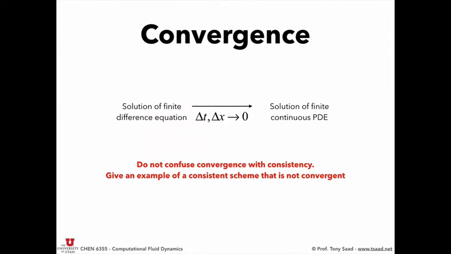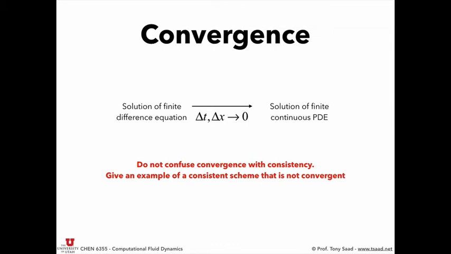There's one other idea in finite difference methods, and that's convergence. So what is convergence? Don't look at the slides. Look at me. Okay, so we talked about the error through the consistency.